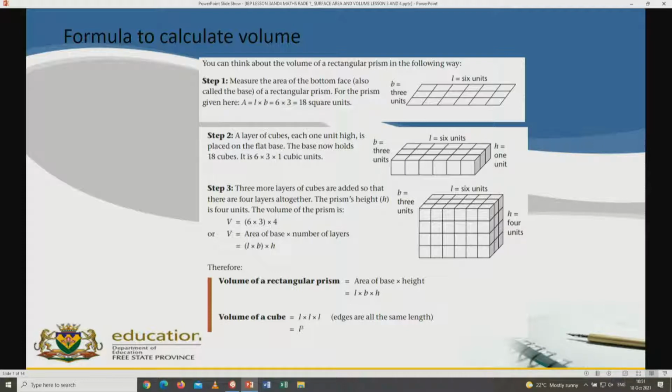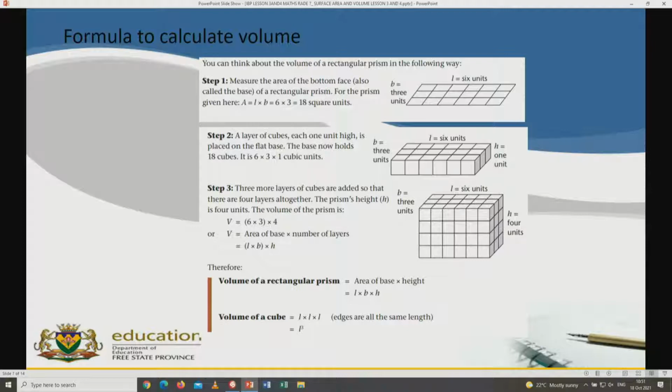Now can you see at step number 2, 3 things are involved. We have the length, we have the breadth, and we also have the height. But in step number 1, we had a flat face, with some squares drawn on there, and it had a length of 6 units and a breadth of 3 units.